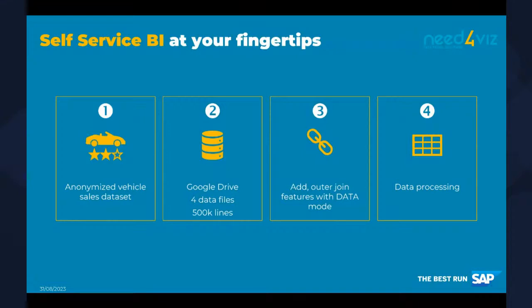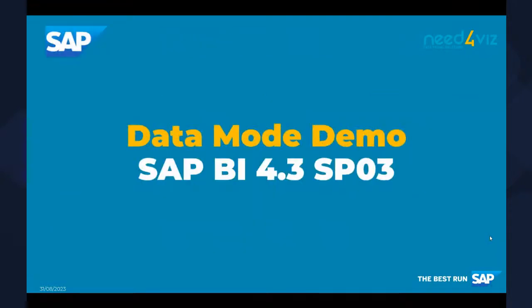We have 5 data files, some of them have 500,000 lines, and you're going to access them, query them, and create a unified data set, so one table. And from this one table, you will be able to create tremendous visualization by using the Need4Viz widget. This being said, let's start.